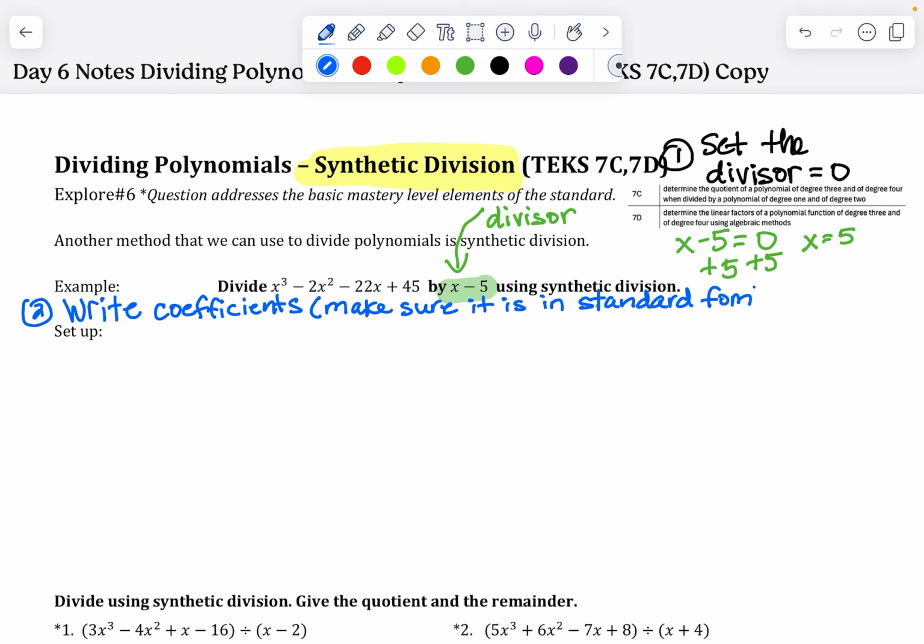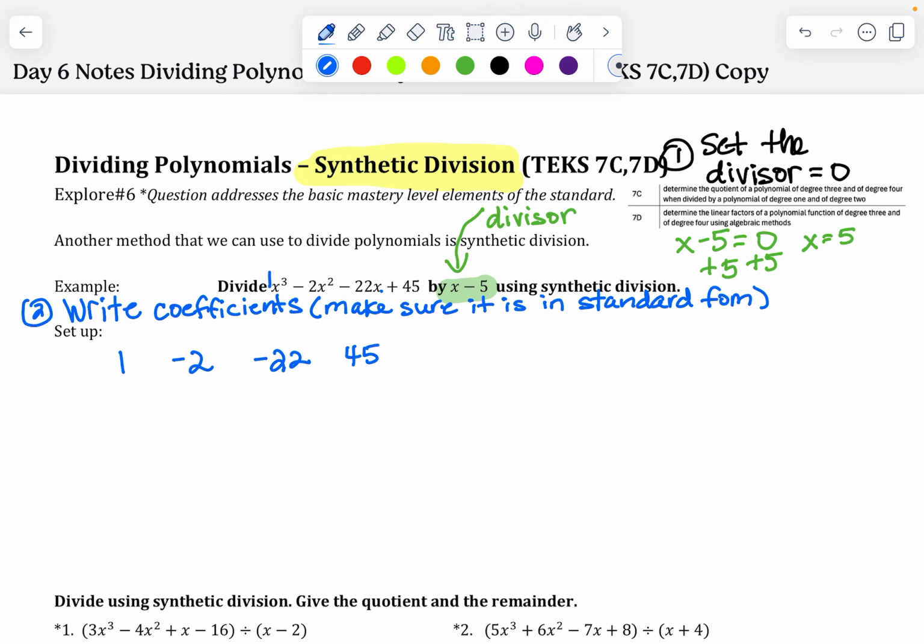So here we go. Let's make sure this is in standard form. So we have a 3, a 2, a 1, and then a number. So what coefficients are, it's the numbers in front of these variables. So it's a 1, then it's that -2, then it's that -22, then it's that 45.